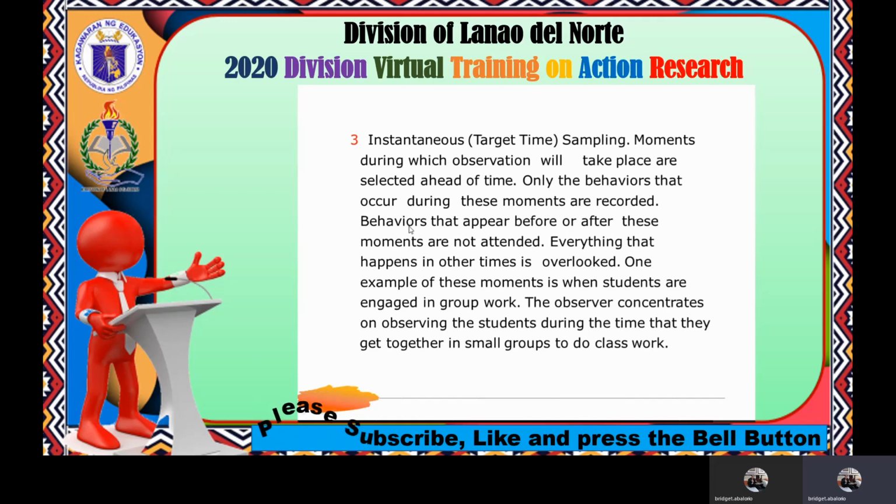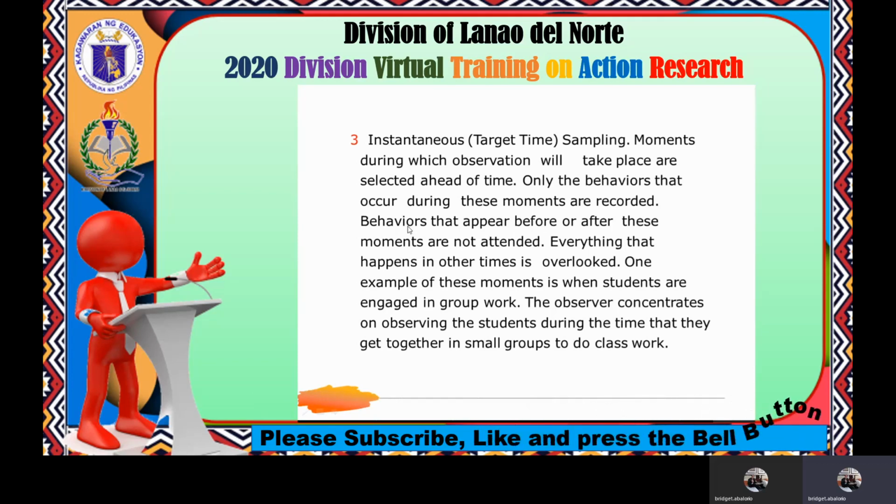Only the behaviors that occur during these moments are recorded. So behaviors that appear before or after these moments are not attended. So kana lang imong gusto nga kana siya nga panahon, kana siya nga moment, kana siya dapat i-record nako iyang behavior. Pero katong before niya o after ana nga moment, dili pwede.